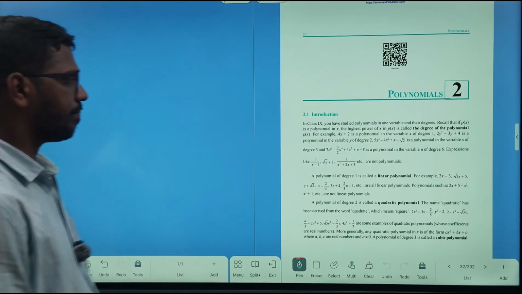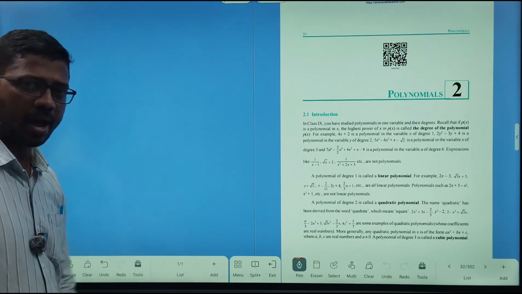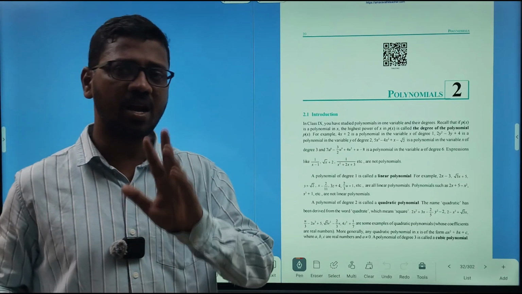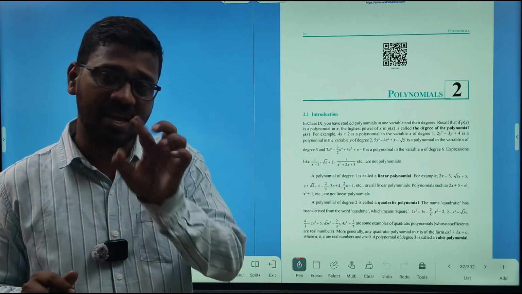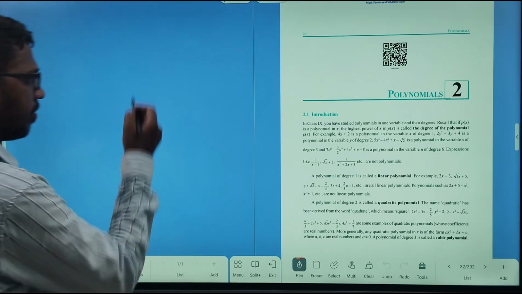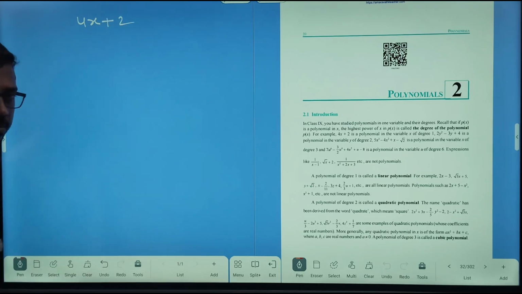So here, already I told you the highest power of x in p of x is called degree of the polynomial. Remember, again, the highest power of x. Suppose if you take the polynomial 4x plus 2, what is the highest power for x?